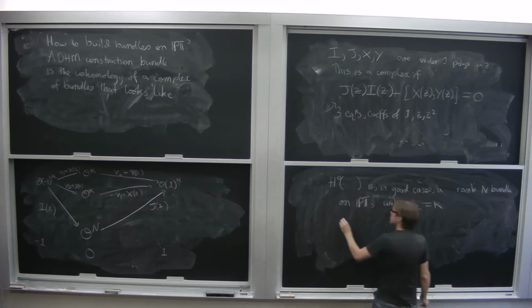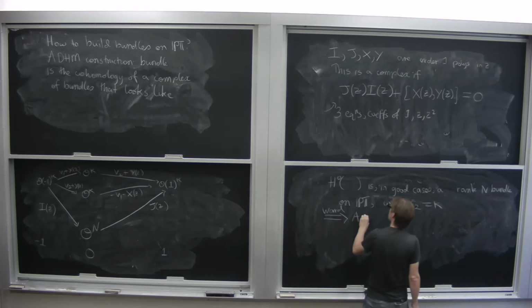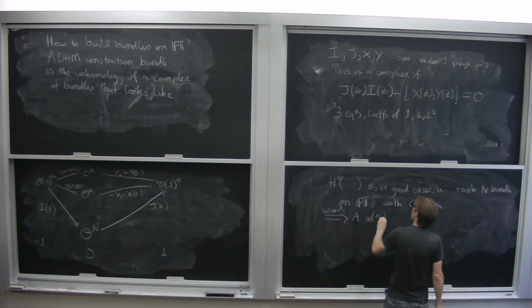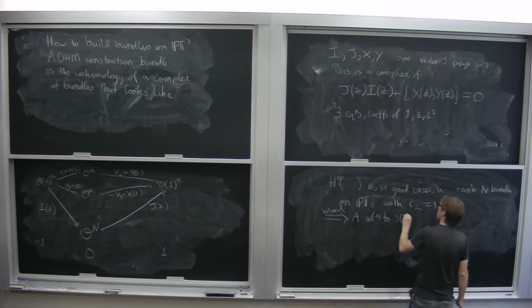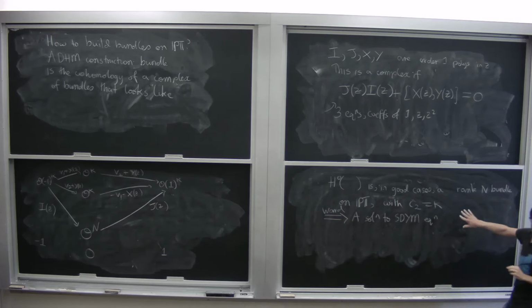So this means, by Ward, it gives me a solution to the self-duality equation. But there's a bit of a subtlety which I've been eliding. Normally, when you want to solve the self-duality equations, you want your connection to be a unitary matrix. But we didn't have that. It was just an arbitrary matrix.